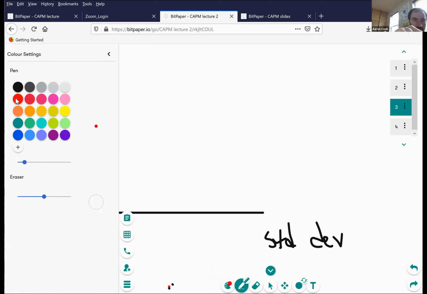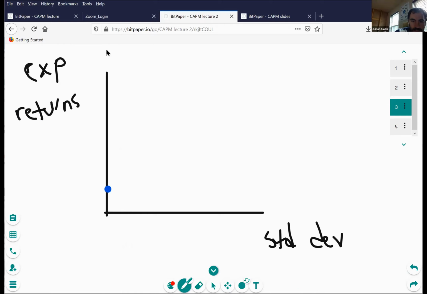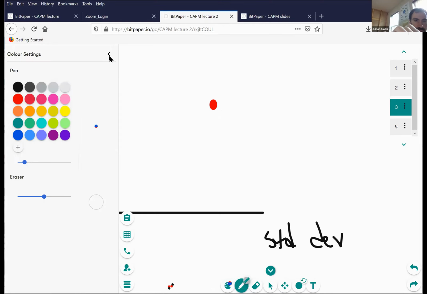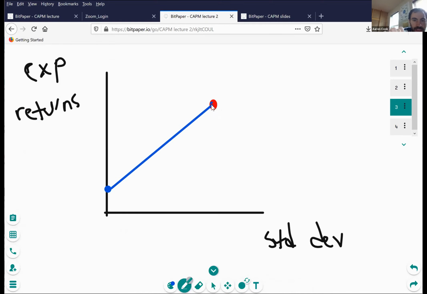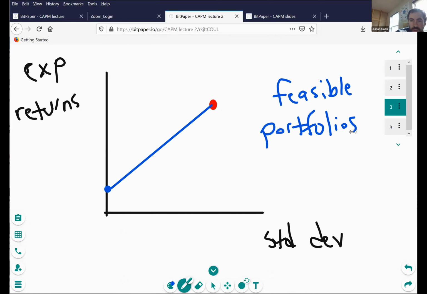If we combine a risk-free asset, which has no standard deviation and some expected return, with a risky asset, the line between those represents a feasible set of portfolios for combinations of risk-free and risky.